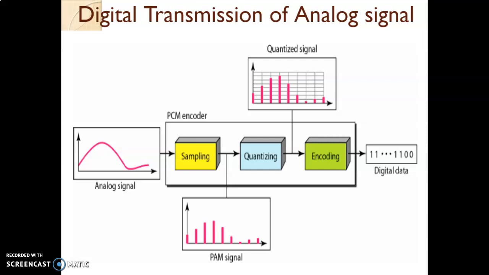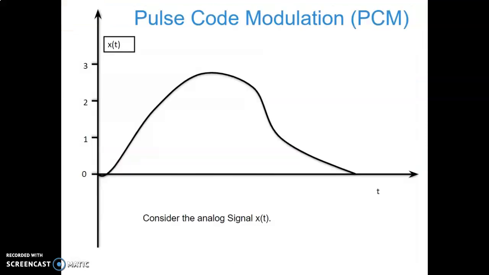Now, with the help of an example, we will understand how sampling is performed, how quantization is done, how encoding is done, and how the analog signal is therefore converted to digital. Consider the diagram shown here, which is any analog signal. x of t is the analog signal plotted with time.